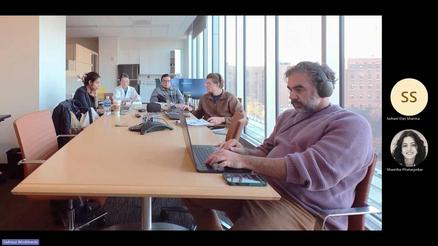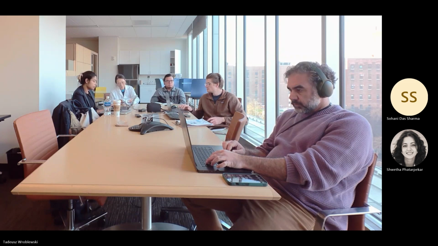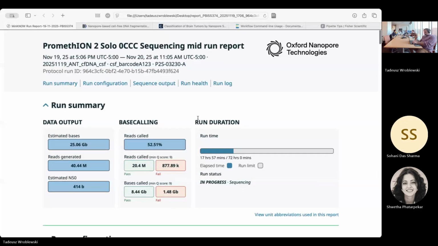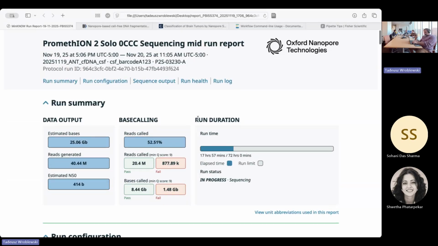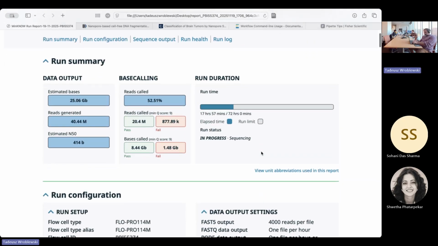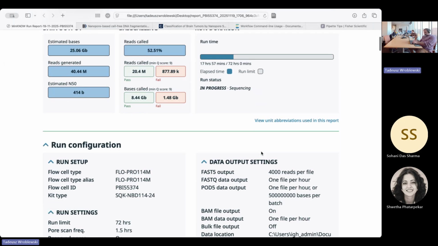And we can now check one of the run reports from yesterday's run and see how it looks. All right, so this is the CSF report. Yeah, we can go over it.